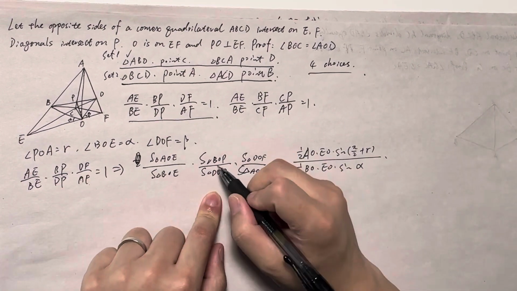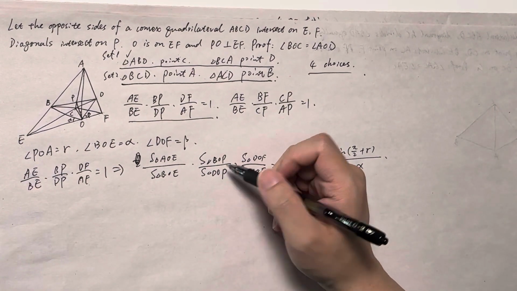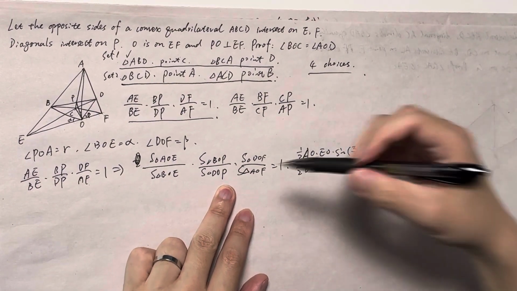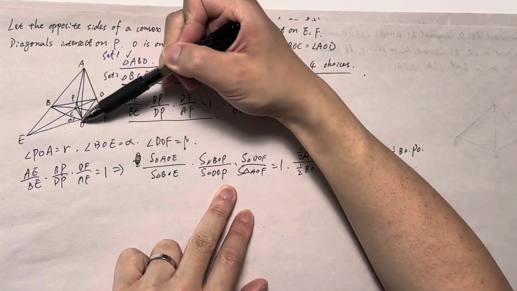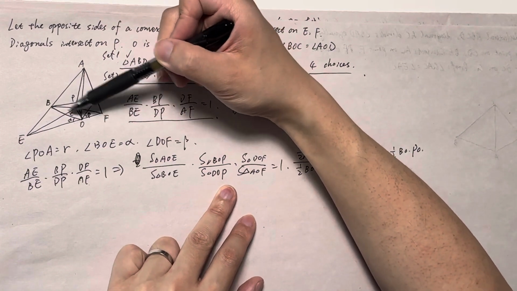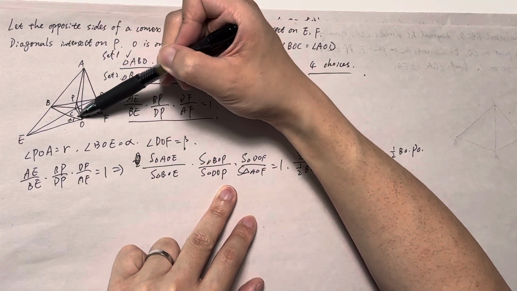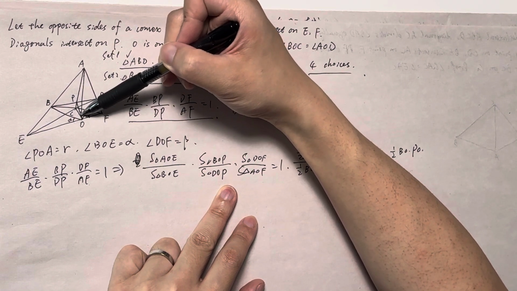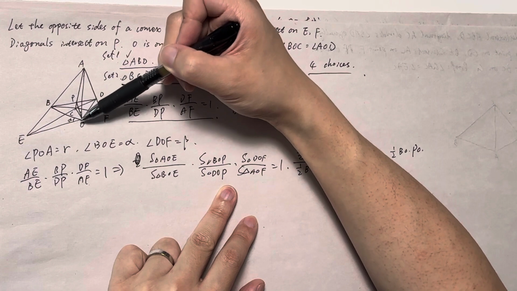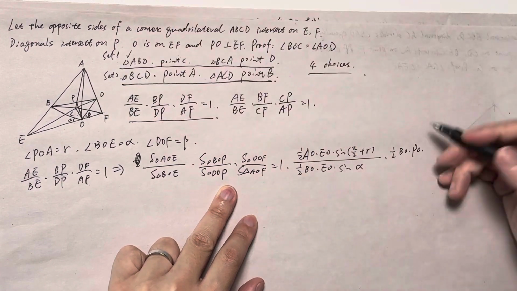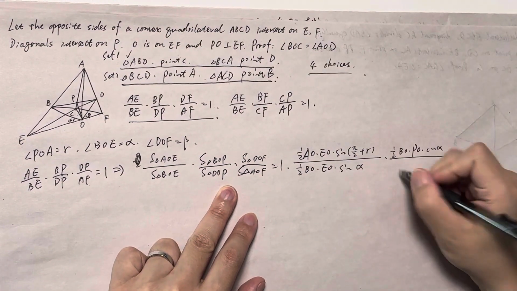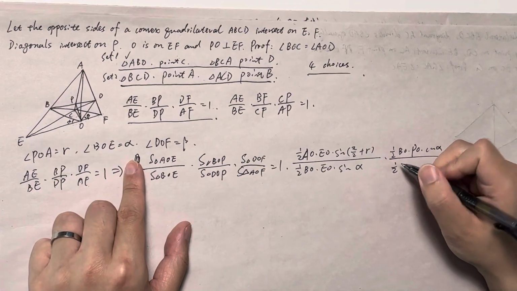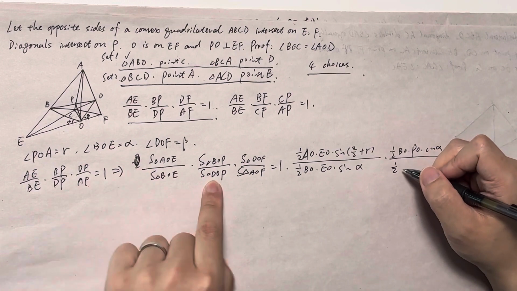And the triangle area BOP, so BO PO sine of angle BOP. Angle BOP is 90 degrees minus alpha, so sine of 90 degrees minus alpha is cosine alpha. So we directly write it as cosine alpha. And also for PD, we have DOP, right?